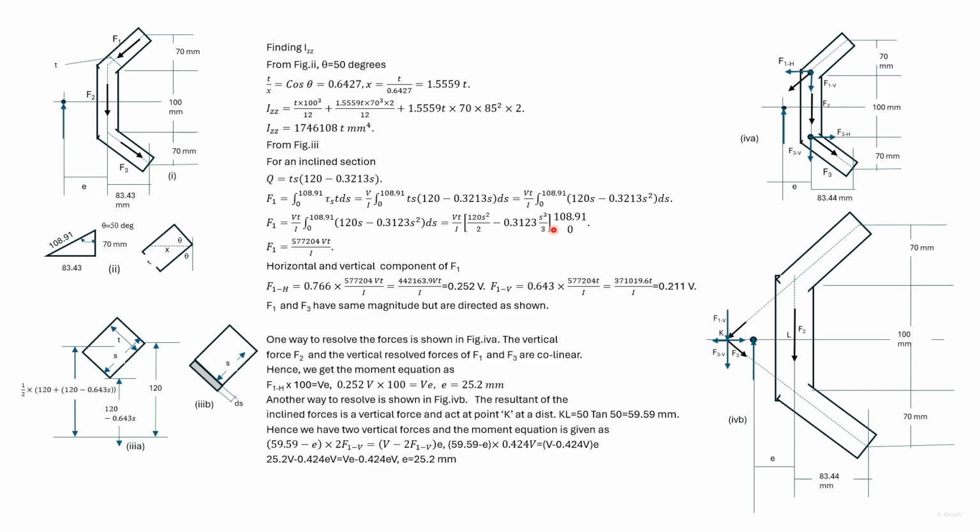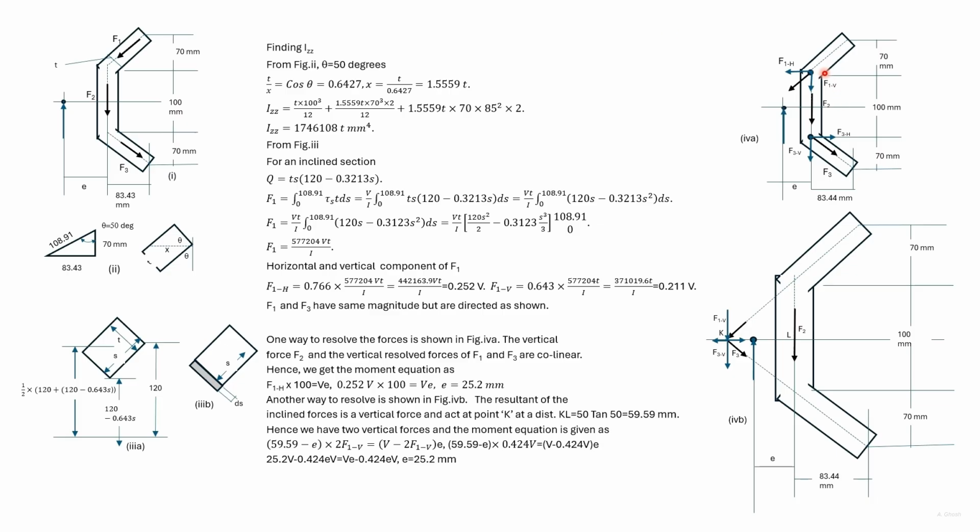We then substitute this value 108.91 for S, and we get F1 in terms of Vt divided by I. This angle is 50 degrees, so F1 sine 50 degrees would give F1H, and F1 cos 50 degrees would give F1V. We can again resolve the forces in two different ways to find the distance of the shear center.